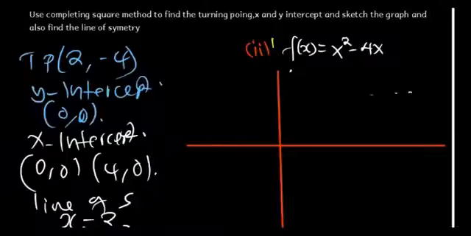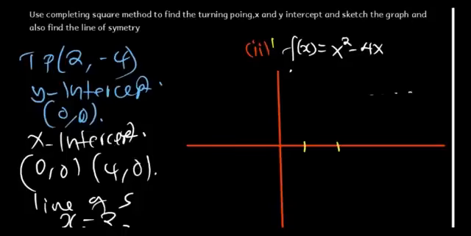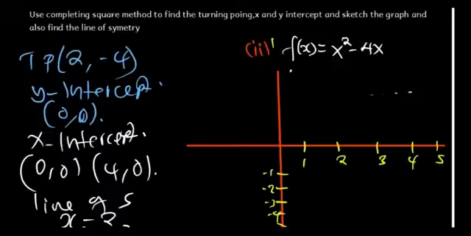So now what we're going to have to do here is we're going to have our values here. We're going to have 1, 2, 3, 4, 5, and then my values here, -1, -2, -3, -4, -5.